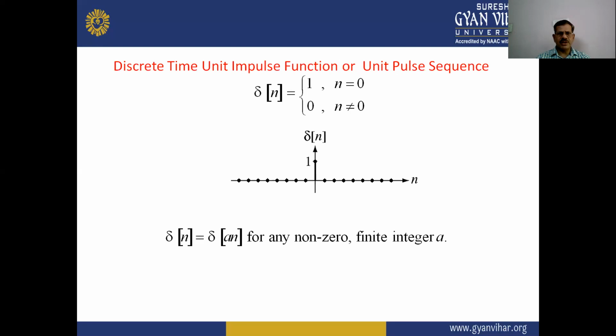Discrete time unit impulse function or unit pulse sequence. So delta[n] equal to 1 when n equal to 0, otherwise delta[n] equal to 0 when n is not equal to 0. This is the discrete time unit impulse function or unit pulse sequence.